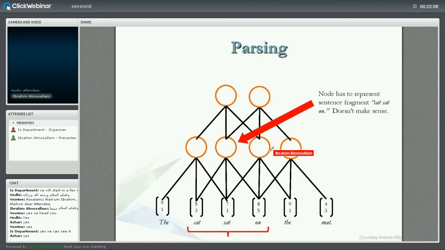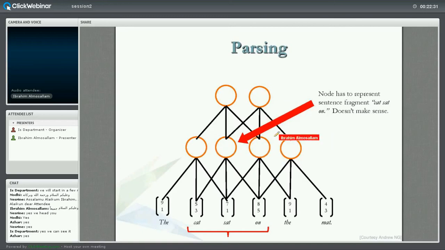Basically, they tried to learn from the corpus what made sense or what didn't make sense statistically. So, for example, cat sat on is pretty rare in any corpus because it doesn't make sense as a standalone phrase. So it sort of rewards and punishes combinations.